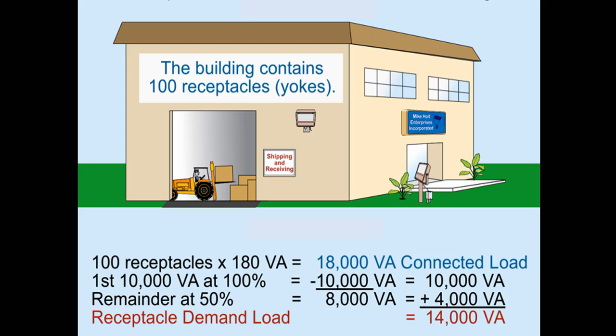Under 220.42, I believe it is, you take the first 10,000 at 100%. So you subtract that first 10,000, and the remainder is calculated at 50%. So 8,000 VA at 50% is 4,000. Put that 10,000 back in there, and your actual calculated load is going to be 14,000 VA.